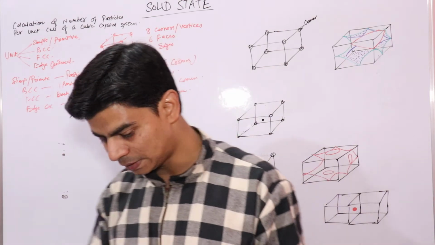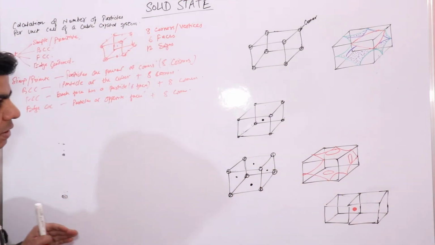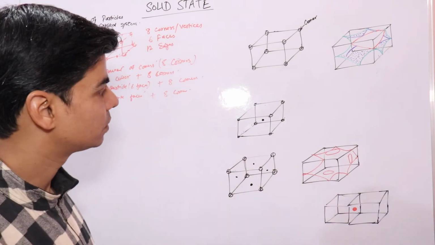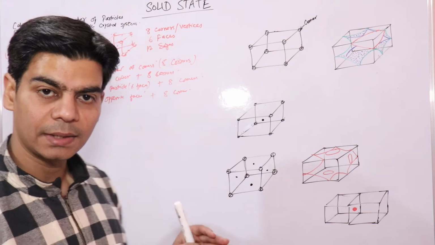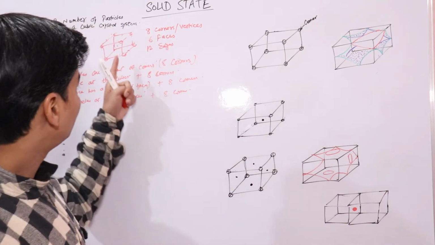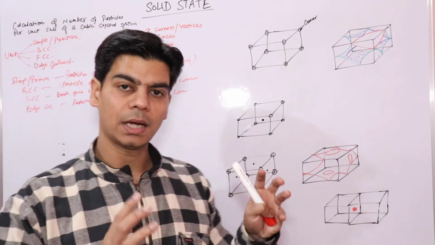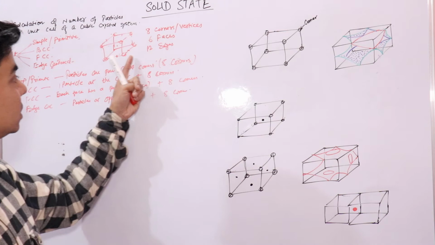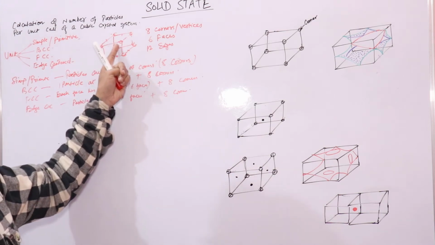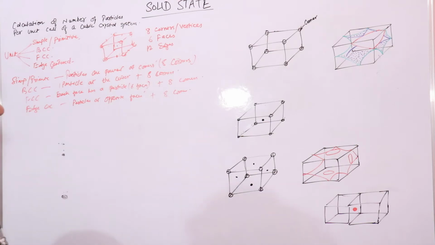Let's calculate that and find out. We would be able to understand that once we do a small calculation. But before that, we need to understand one thing about these corners, or about these unit cells, and how many unit cells are actually touching these corners, faces, centers, or the edges.